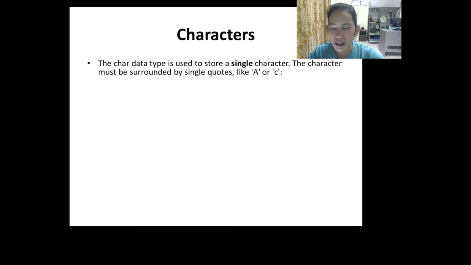Characters. The char data type is used to store a single character. The character must be surrounded by single quotes, like the letter A or the letter C. Example, char myGrade = 'B'. System.out.println(myGrade).